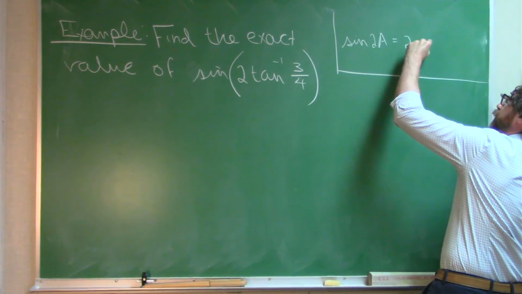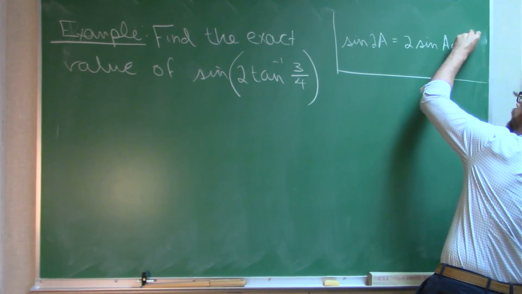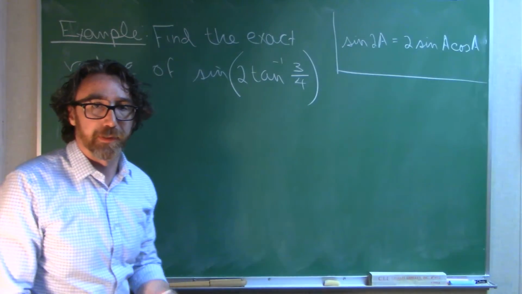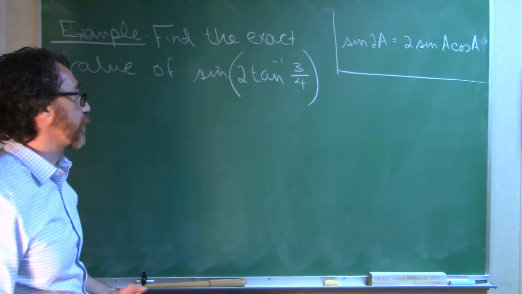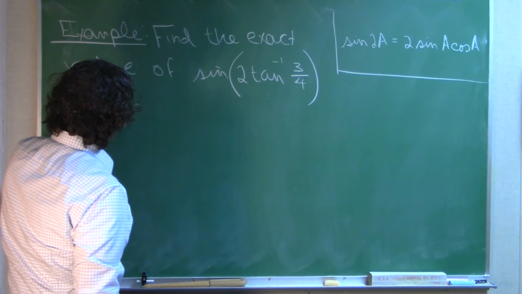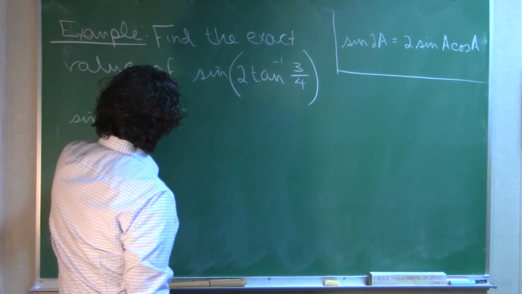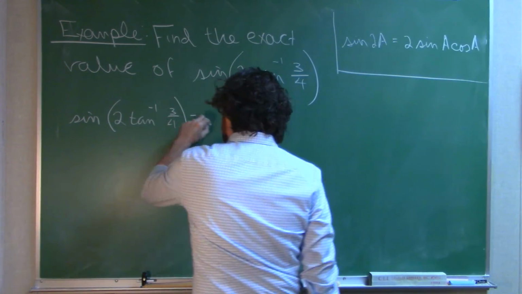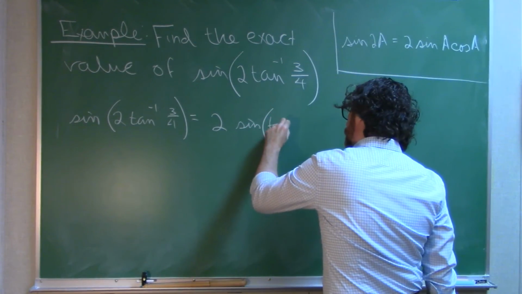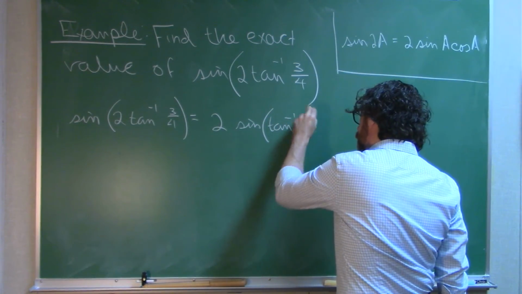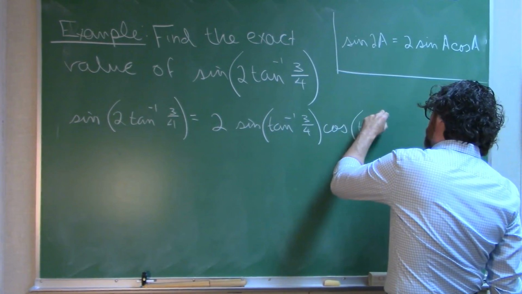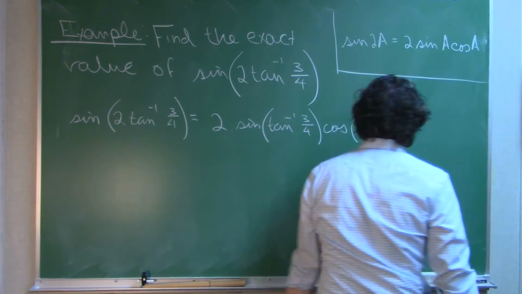Remember what that is, it's 2 sine A cosine A. And we're also going to be tested on how these inverse trig functions work. Okay, so sine of 2 tan inverse of 3/4 would be 2 sine of tan inverse of 3/4 times cosine of tan inverse of 3/4.